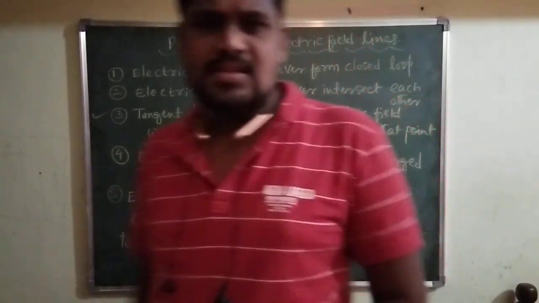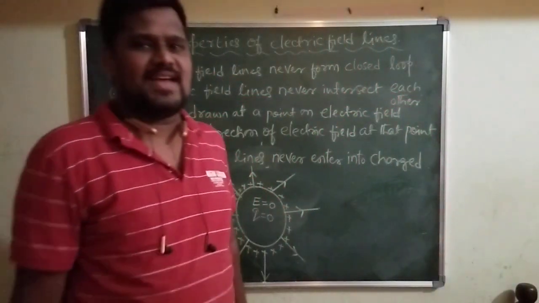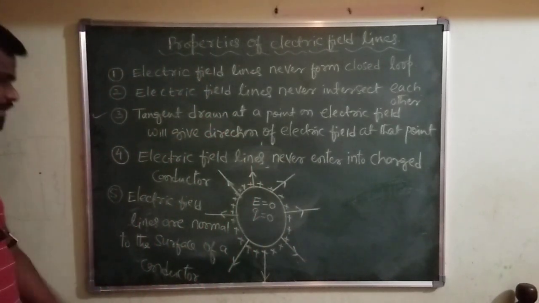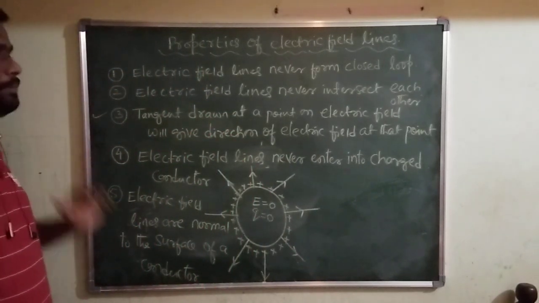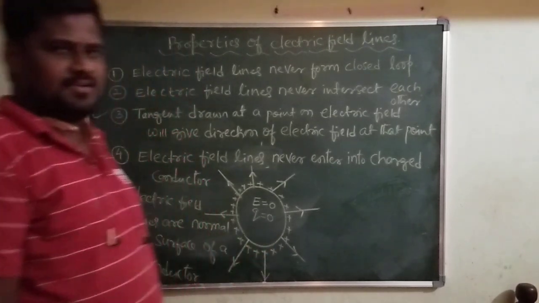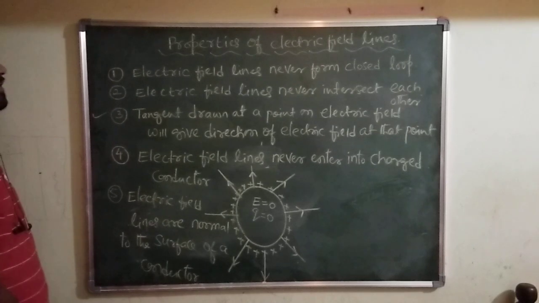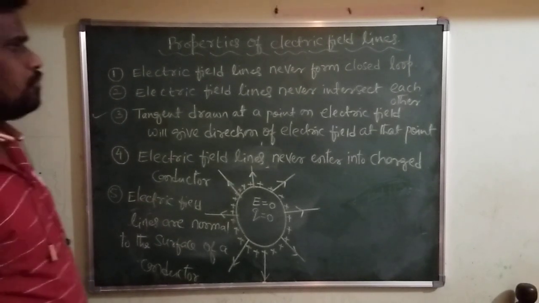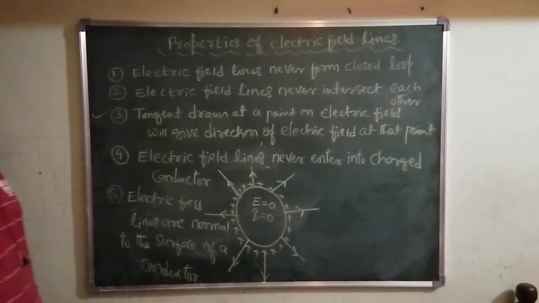You can consider those properties as your extra information. First, you concentrate on the first 5 important properties of electric field lines. Will you recall the properties? Simultaneously you note down, take a notebook and write these 5 important properties of electric field lines.